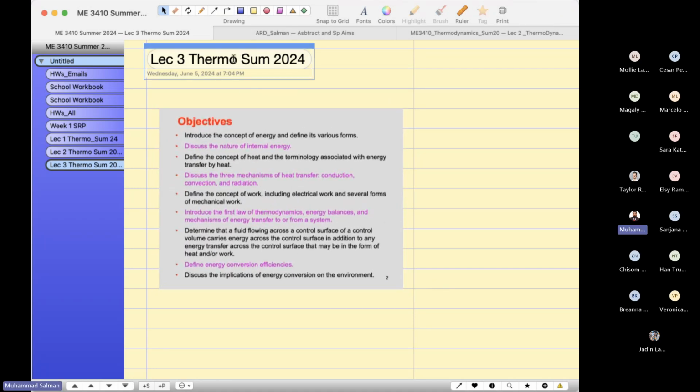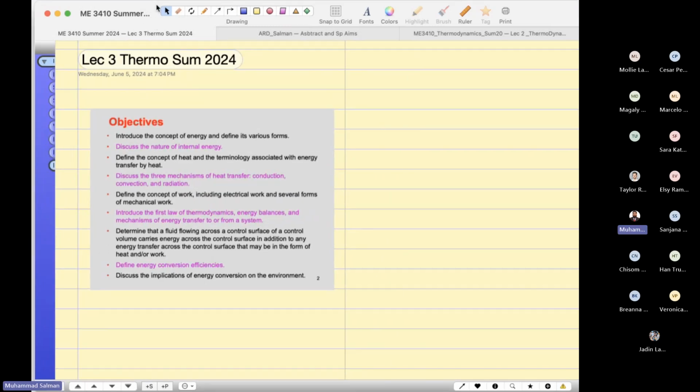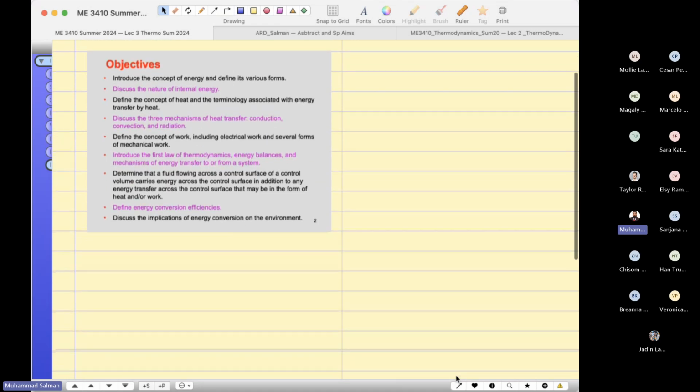These are the objectives of this chapter. At the end of the chapter, you should be able to learn about types of energies, mass flow rate, and heat transfer. Our main focus will be types of energies and heat transfer.